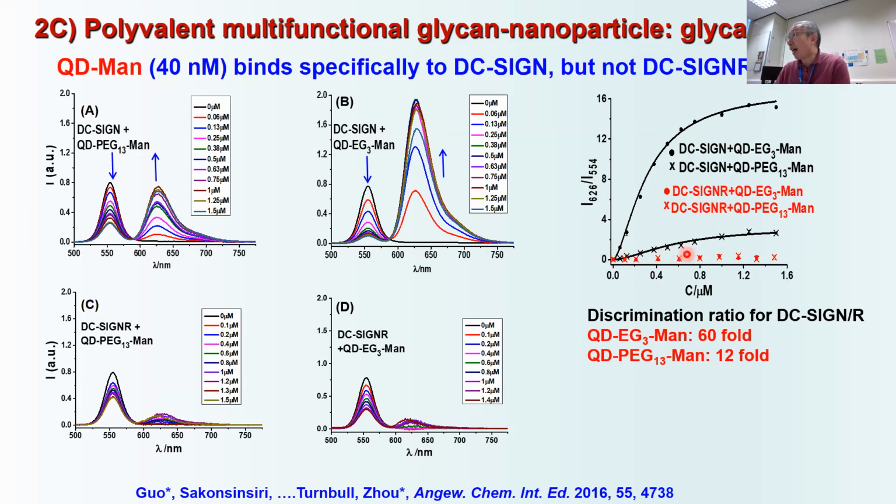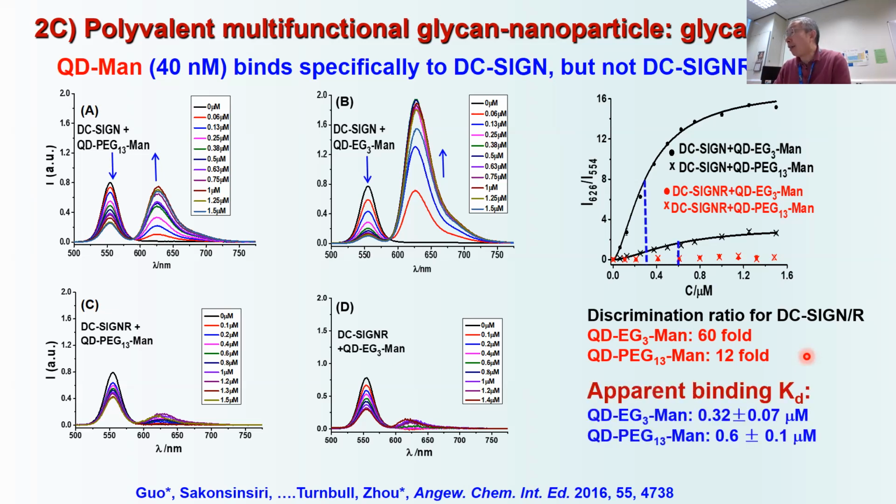But for DC-SIGNR, it's pretty much still on the baseline, which means DC-SIGNR binding is very weak. Importantly, we found the ratio here for the short linker can reach 60-fold, which is really unprecedented because initially these two lectins were thought to be the same.